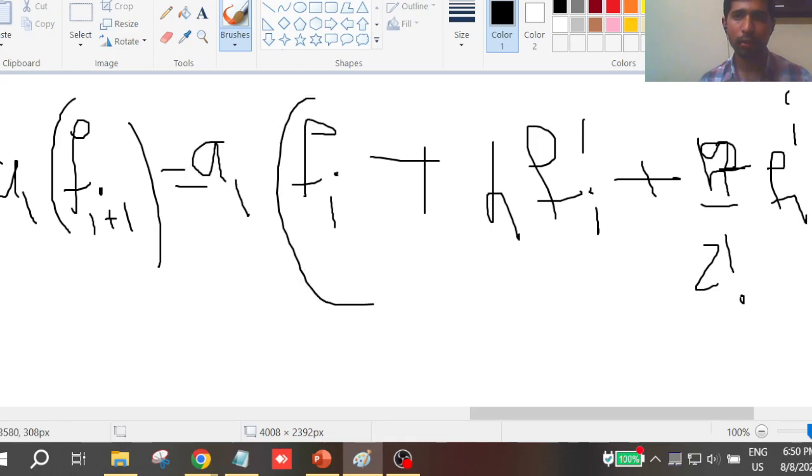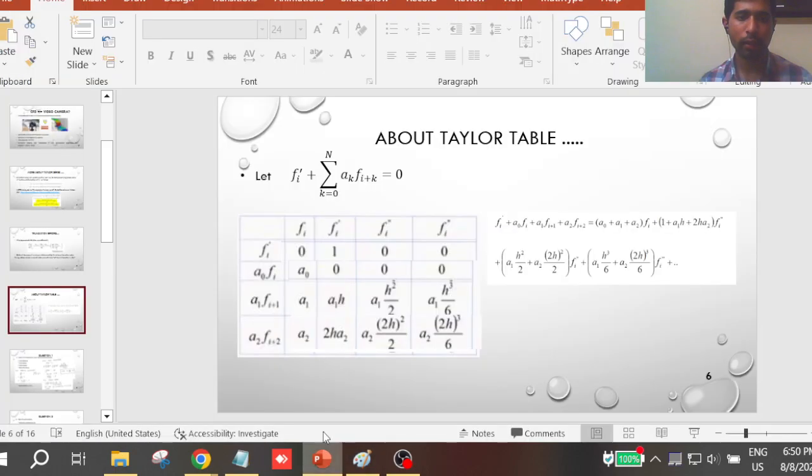So f of I is now multiplied with a1: a1 into f of I, a1 h into f dash of I, a1 into h square by 2 factorial into f double dash of I. So a1 into h square by 2 will be this particular element of this table.